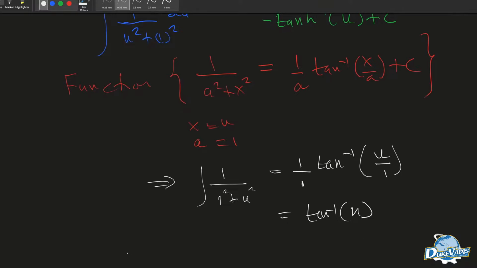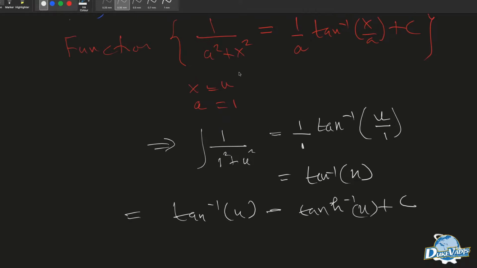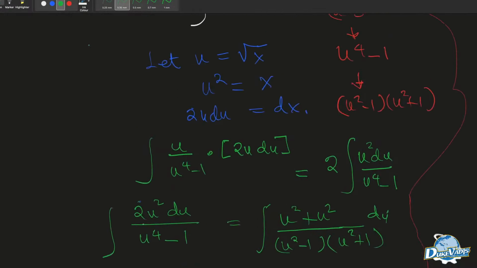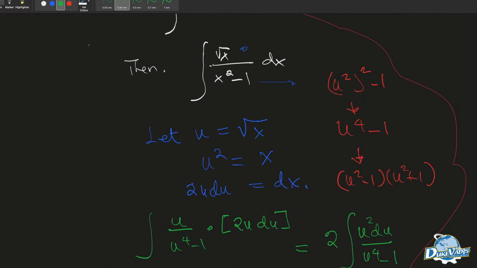So our integration now becomes tan inverse of u minus tan inverse of u plus c. But we know u, as we started right from here, we substituted u to be square root of x.